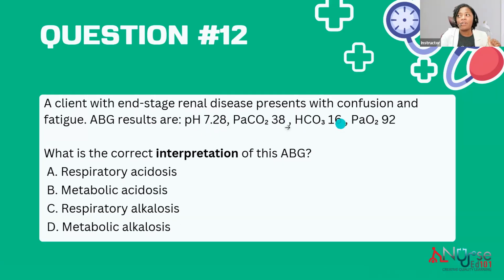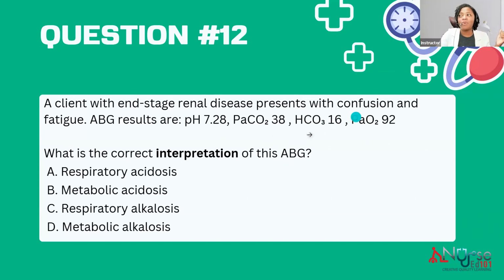And then we look at our 2 remaining values. The CO2 normal is 35 to 45, so we don't really have a respiratory issue because this is within the normal range. And so is the PaO2, which should be anywhere between 80 to 100. So our respiratory values check out. They're great. But this HCO3, that range should be 22 to 26, and it's low.